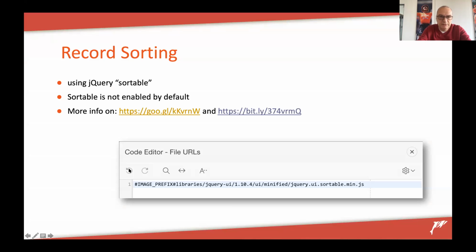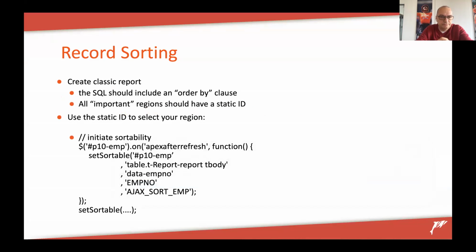So I added the JavaScript library. Now, in my report, of course, I should have an order by clause. Otherwise, the whole sorting stuff is kind of irrelevant. And as you know, all important regions should have a static ID, so I can pinpoint through the ID, and that is the fastest way.